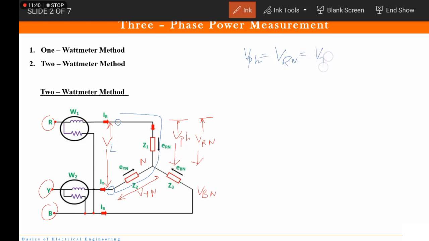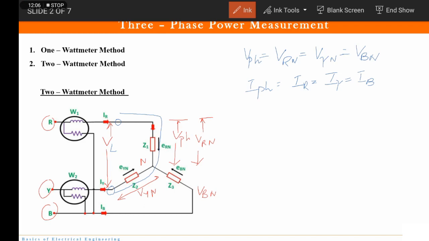So this is the characteristic of a balanced system. Secondly, since it is a star connection, here again the phase currents are the same. So these three currents are the same here. And anyway it is the same because we are talking about the phase current, isn't it? So all phase currents are the same for a balanced system.